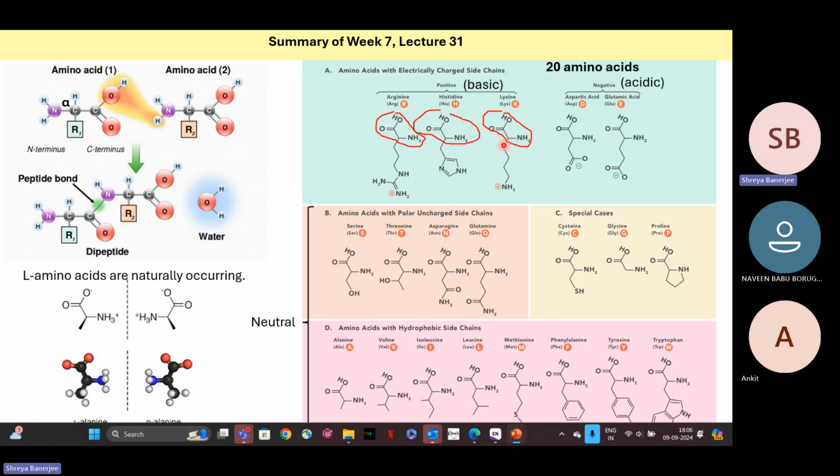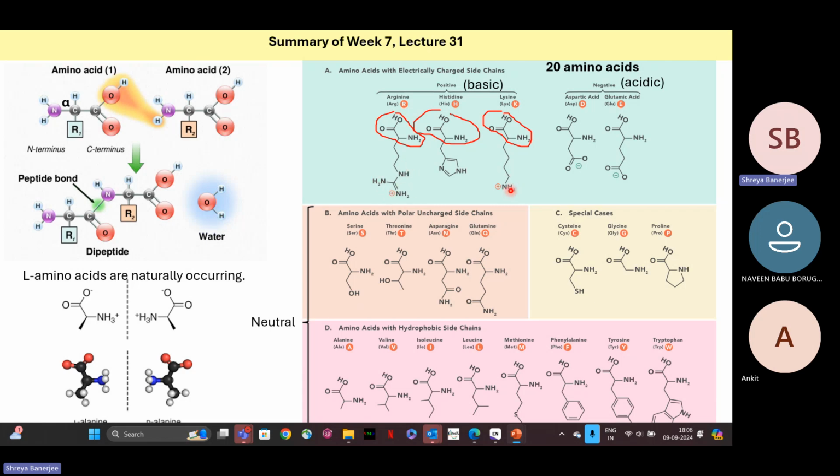In lysine, you have a long aliphatic CH2-CH2 chain ending with an NH2 group. In histidine, you have a CH2 attached to an aromatic imidazole ring. And in arginine, you have again a long CH2-CH2 chain attached to a group called a guanidinium group. The common thing between these 3 is that the side chain has a basic group.